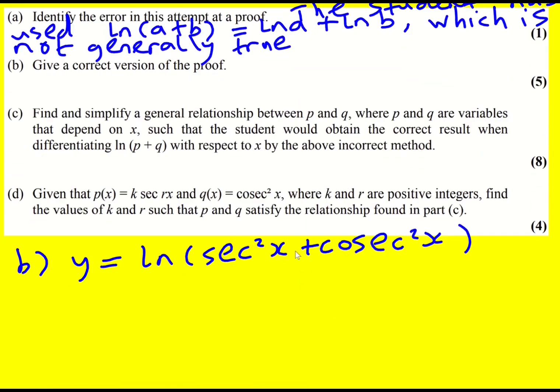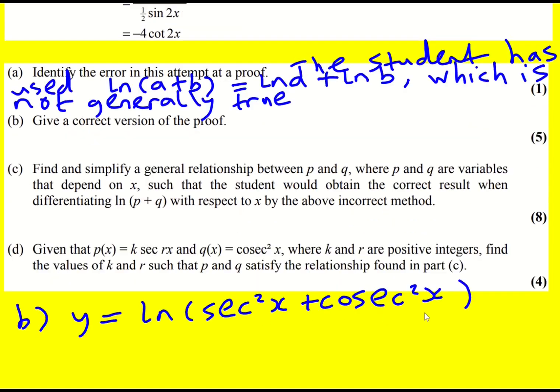The way I did it was actually to use the chain rule on this directly. You have to differentiate sec squared and cosec squared, but you just get lots of trig functions.